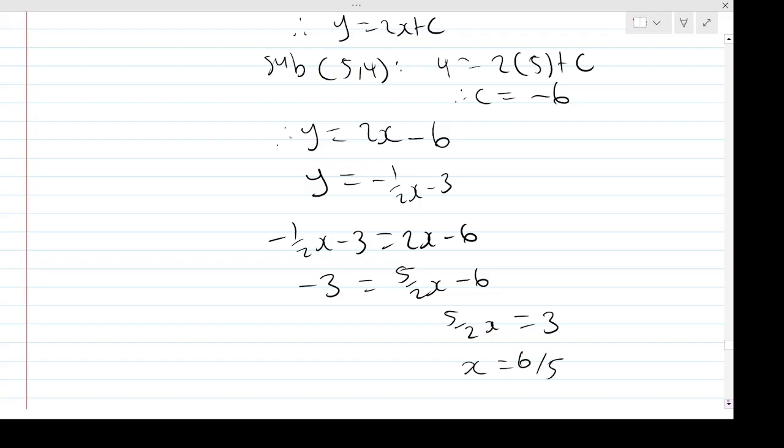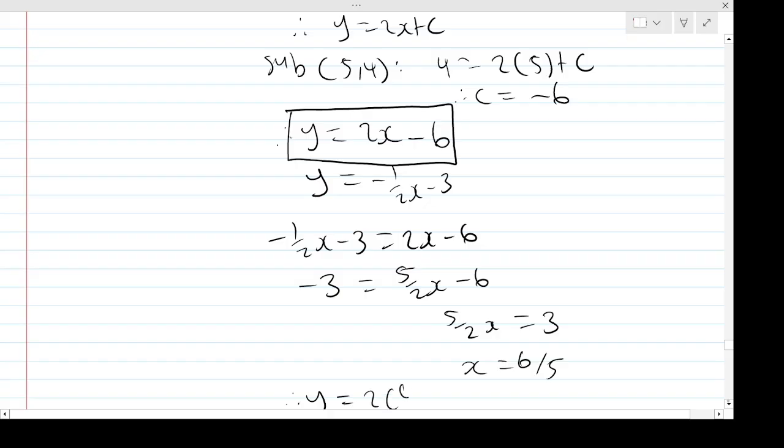So that's my x point. Therefore y, I could substitute that into either equation. Actually, I'm going to substitute it into here. It looks a bit nicer just because there's no fraction. So y would be 2x minus 6, that'd be 6 over 5 minus 6.